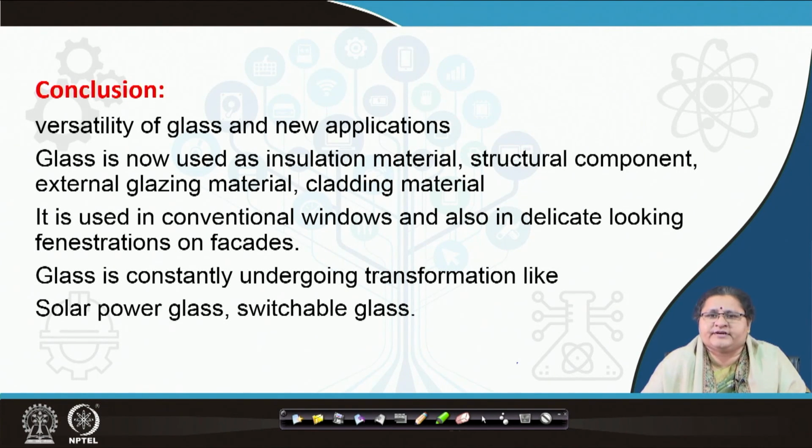It is undergoing transformation and we are finding its use in solar power glass, in switchable glass, that is the e-glass, where you can keep on changing the translucency value and you can change the entry of solar energy inside the building.